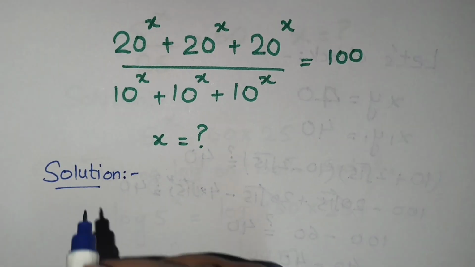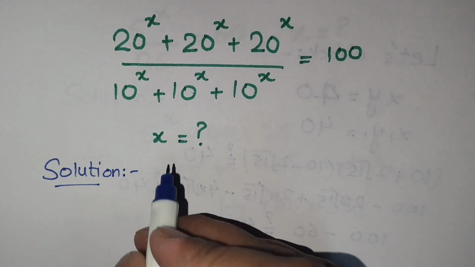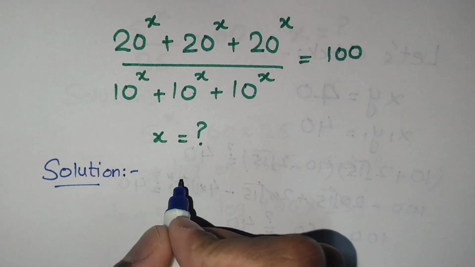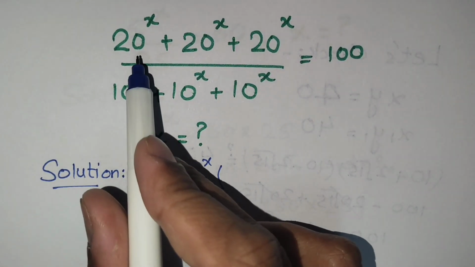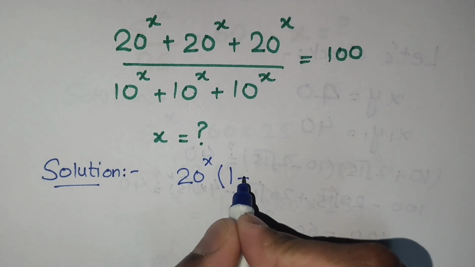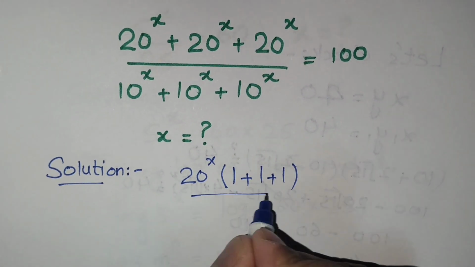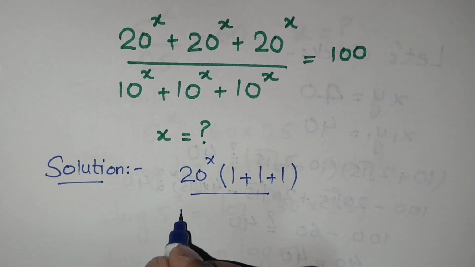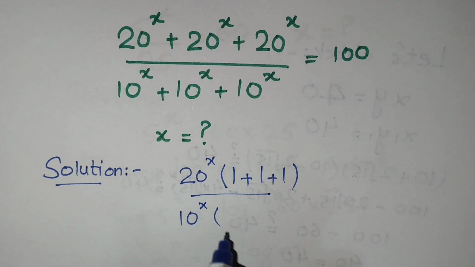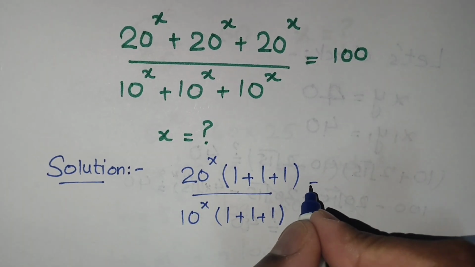In the first step, we will take 20^x common in the numerator. So it will be 20^x common, and we are left with 1 + 1 + 1. In the same way, we will take 10^x common in the denominator, so it will become 10^x common, 1 + 1 + 1 equals 100.